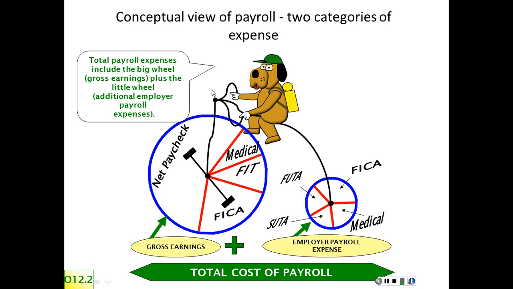And that gross earning is then divided into the pieces under the law that we have to divide it into, and that's what the payroll process is all about. So we have the FICA taxes taken out, and that's the topic of this discussion. What are those FICA taxes? They're made up of 2 things, Social Security and Medicare. We also have federal income tax. That's that FIT acronym that we saw earlier.